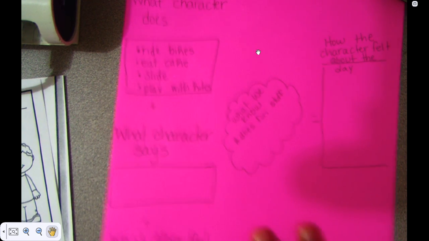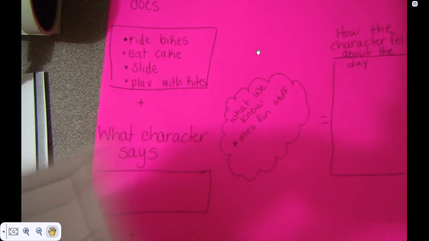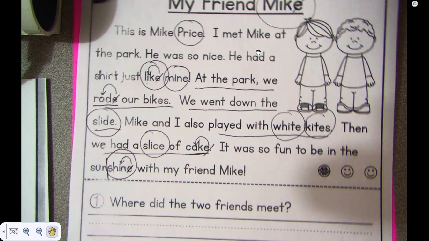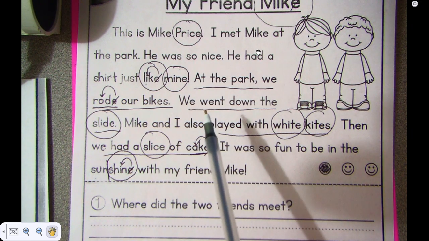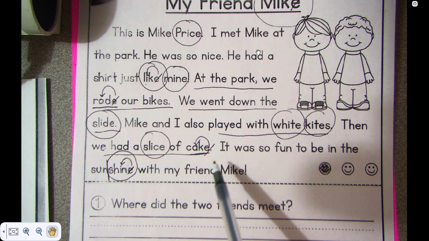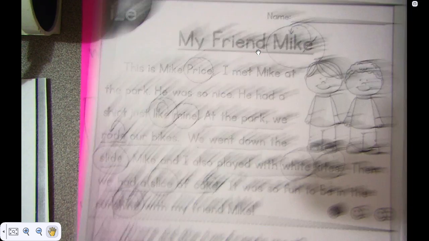So now I can think about, well, what does the character say? So I'm going to go back in the passage and I'm going to look if the character has any speaking words. Now, he kind of is just talking about what he did during the day. But if I look closely, he does say towards the end, it was so fun to be in the sunshine with the friend Mike.